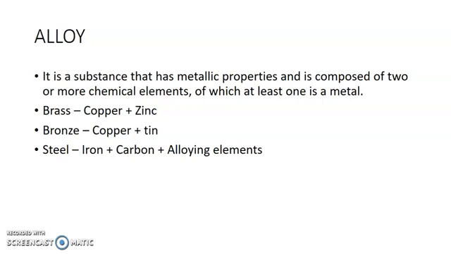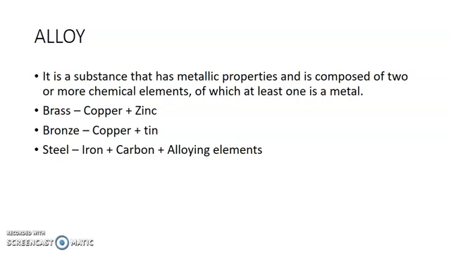First of all, we should know what is meant by an alloy. An alloy is nothing but a substance which has a metallic property and it is made up of two or more chemical elements, of which at least one should be a metal.